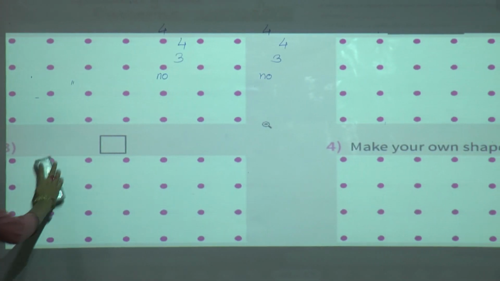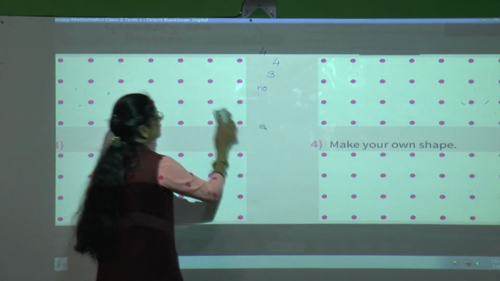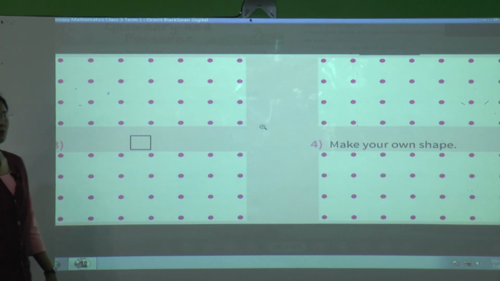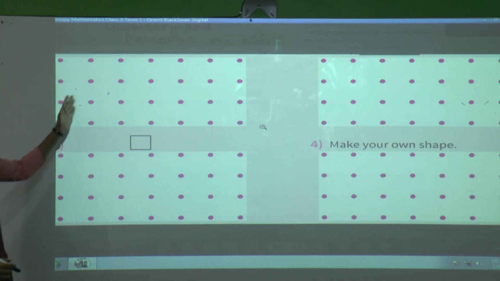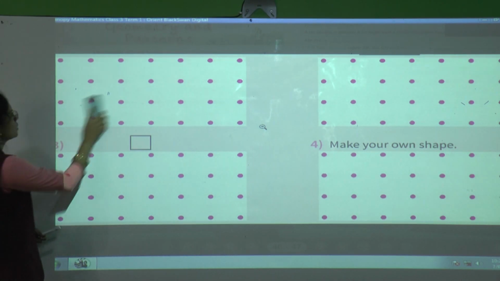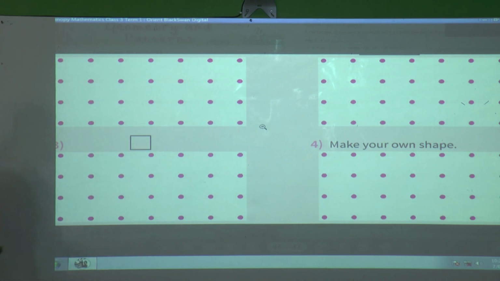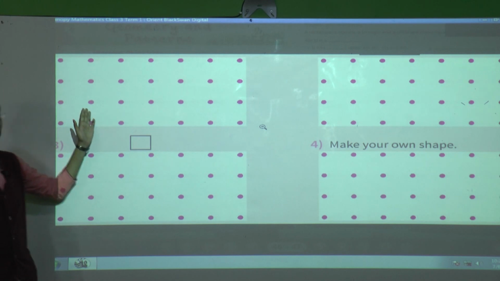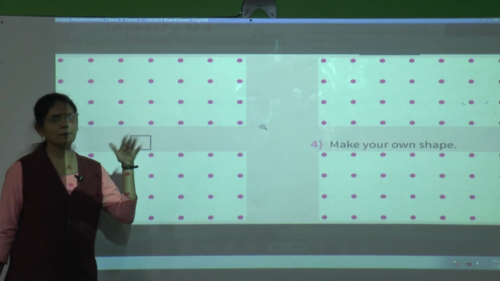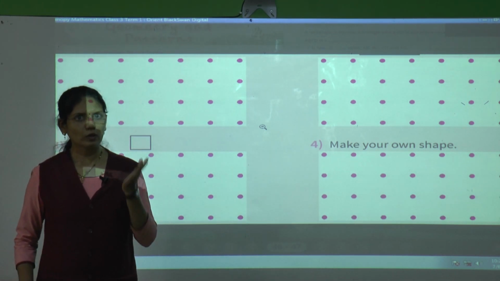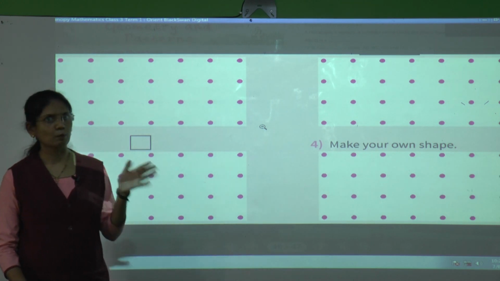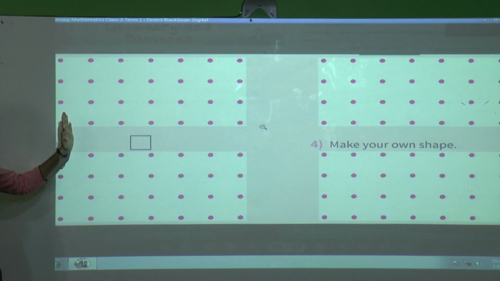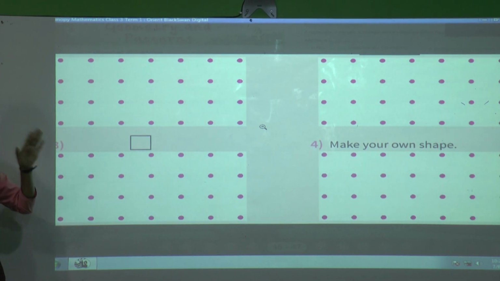You have to take one grid paper, and on that grid paper, with the help of these grids, this is called a grid. Can you see these dots? Yes, this is called grid paper. If the grid paper is not available at home, you can do this activity in your Canopy textbook also. It is there in the Canopy textbook. That only I will explain to you, what you have to do exactly.